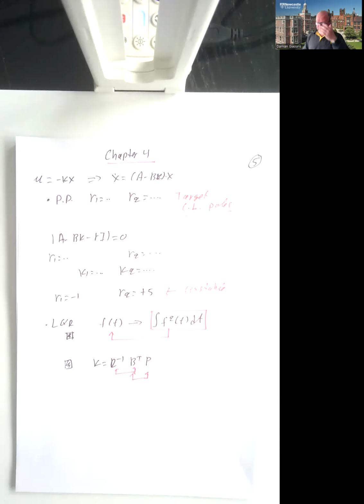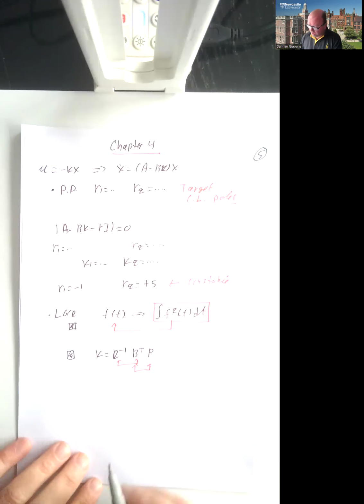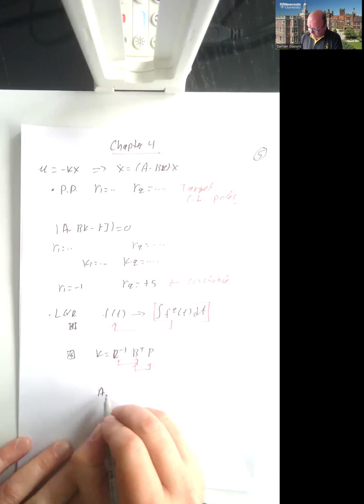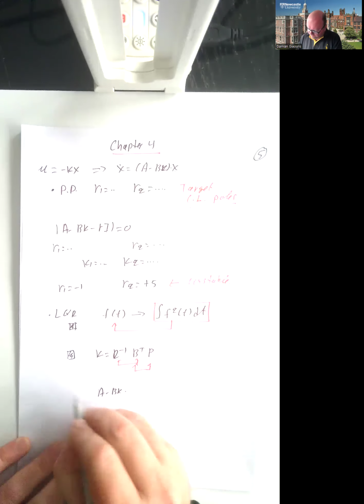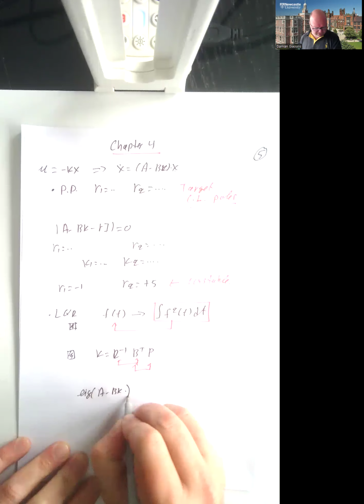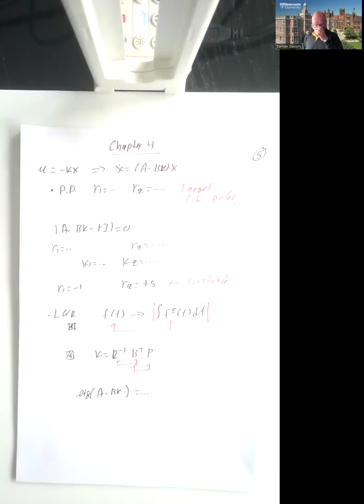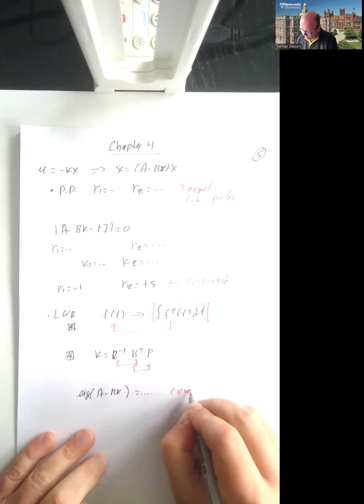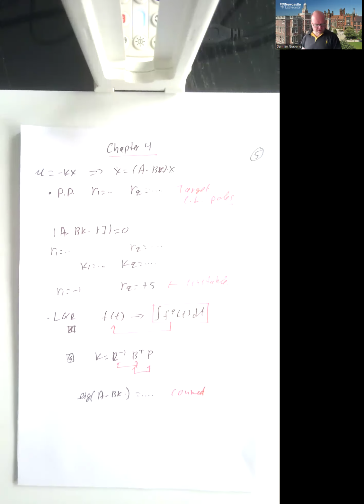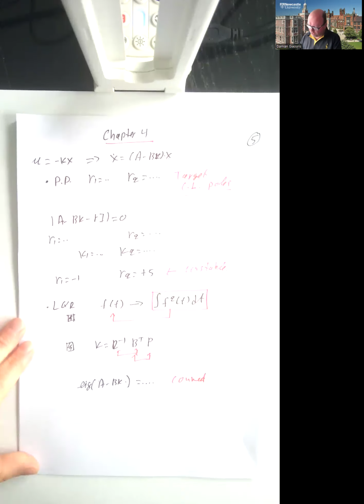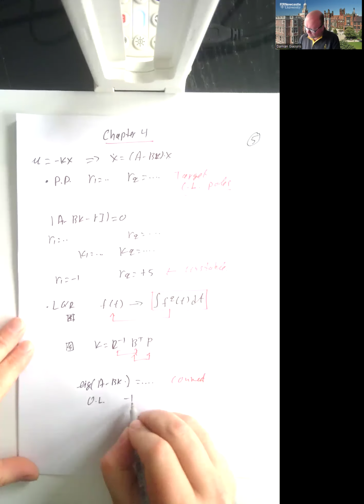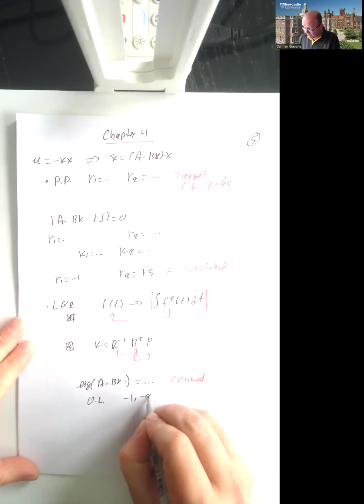One of the things that I really like in this type of question is that after that you will find the closed loop state matrix, and you will find the eigenvalues of the closed loop state matrix. Then I want you to make a comment on this. For example, say that the open loop state matrix had eigenvalues -1 and -2.